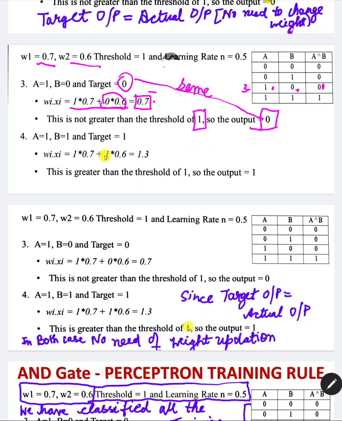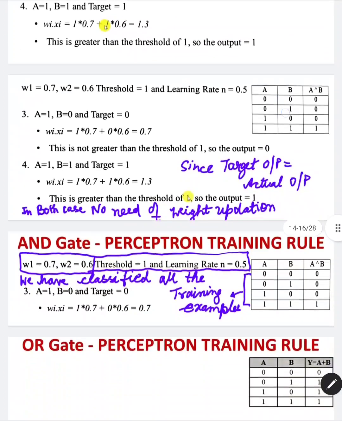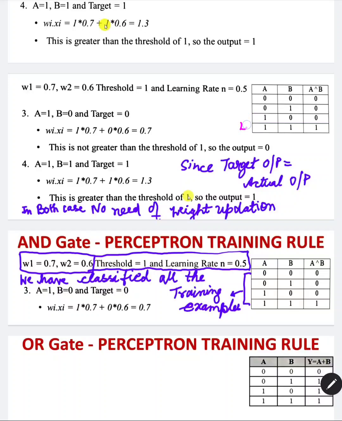We are left only with the last example. Let's hope it gets finished without any modification. We have to modify only when the target and the actual are not the same. If they are the same, we don't have to modify the weights. So let's see what happens next. So we move to the next one. We have the fourth training sample, and in the fourth training sample, we are just applying for A and B. A is equal to 1, B is equal to 1 and target is equal to 1.